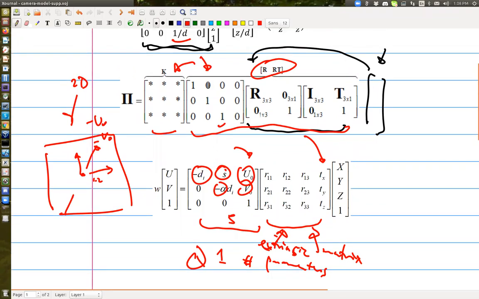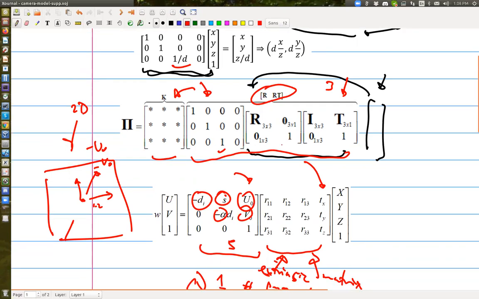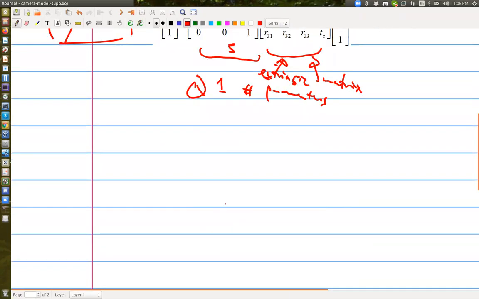That's very good, because you think of translation in 3 dimensions, it has 3 parameters, right? And rotation also, you can model any rotation. Let's say this is the x-axis, y-axis, and z-axis.